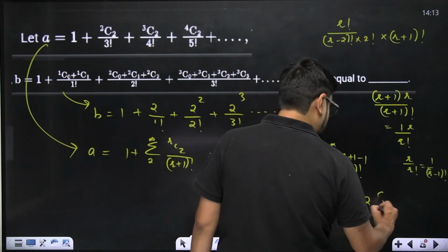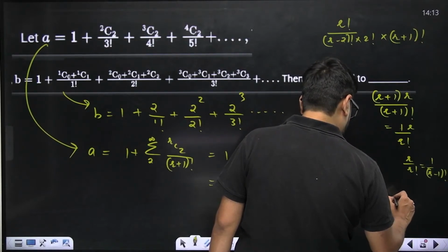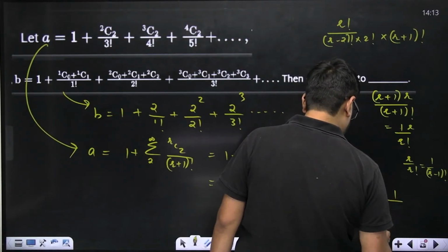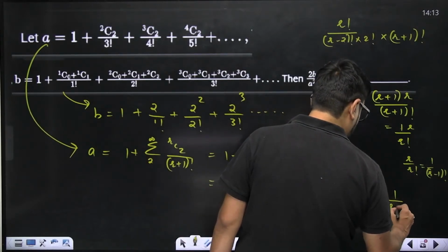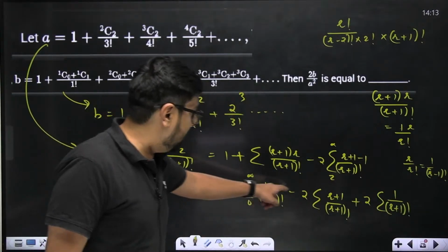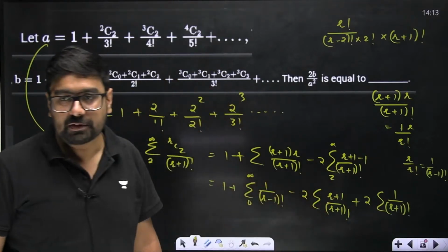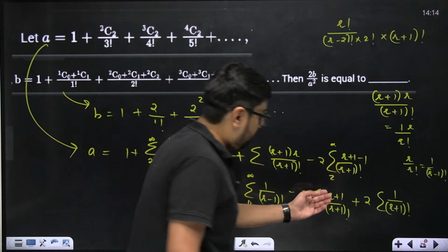2 times summation of, sorry, plus it will become, no, minus is there, so plus it will become 1 upon r plus 1 factorial. Now everything is appearing. This is also what? R plus 1 upon r plus 1 factorial will be 1 upon r factorial. This will be 1 upon r factorial, right?